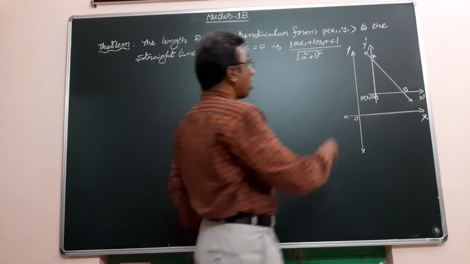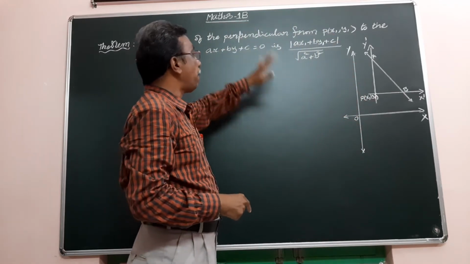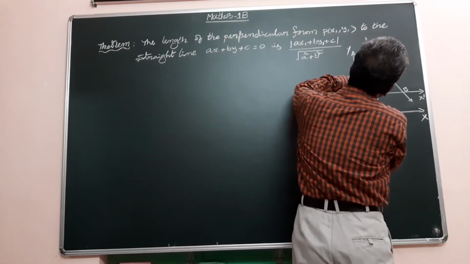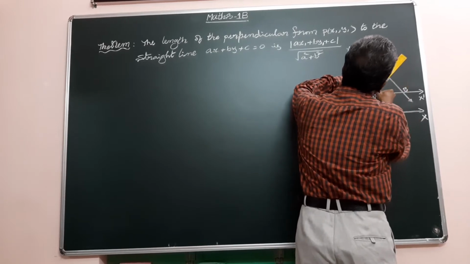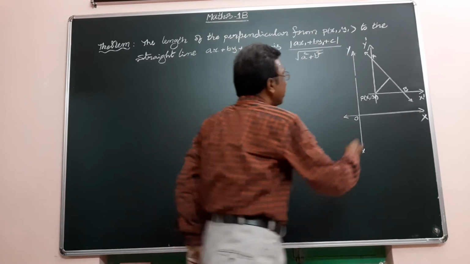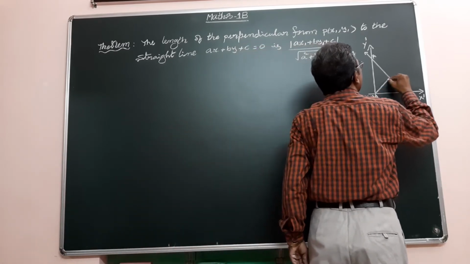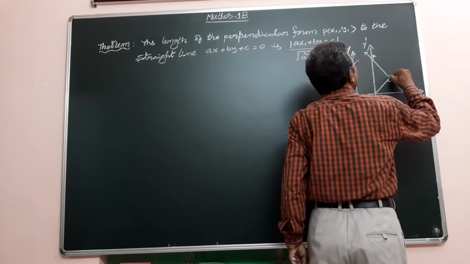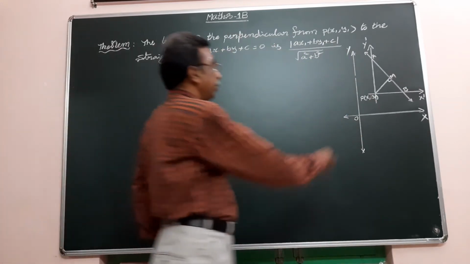So next, the perpendicular distance. Perpendicular means now we draw the perpendicular line. See the perpendicular. Now this one is M. P, M. All of you understand?